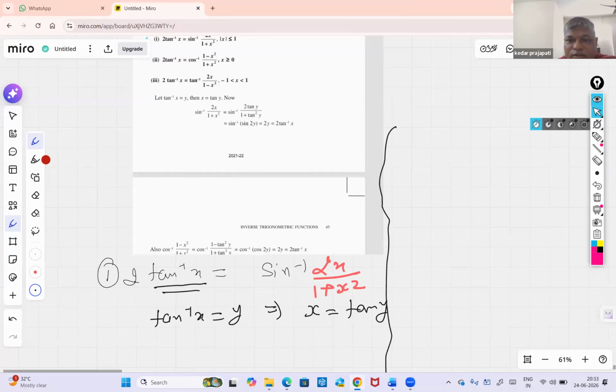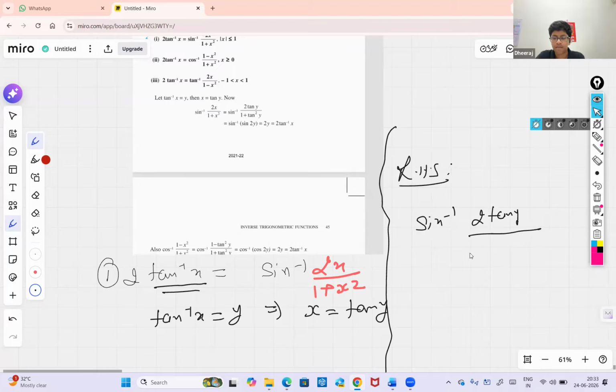So RHS is sine inverse 2x by 1 plus x square. 2x is nothing but 2 tan y divided by 1 plus tan square y.